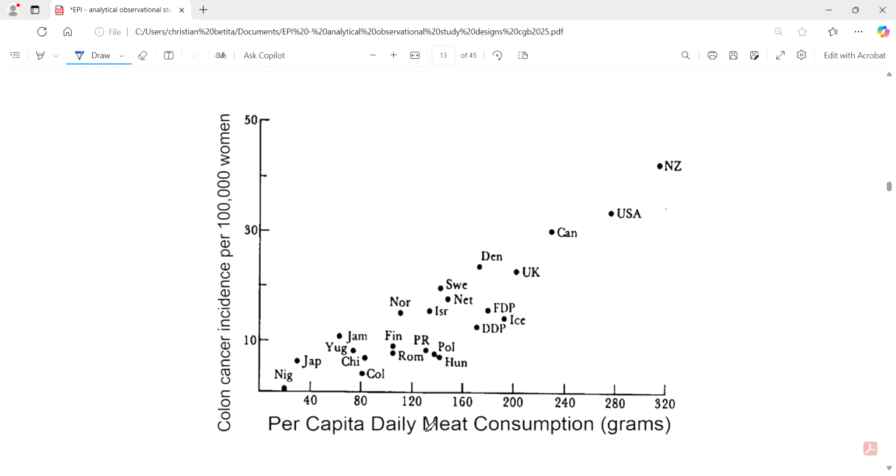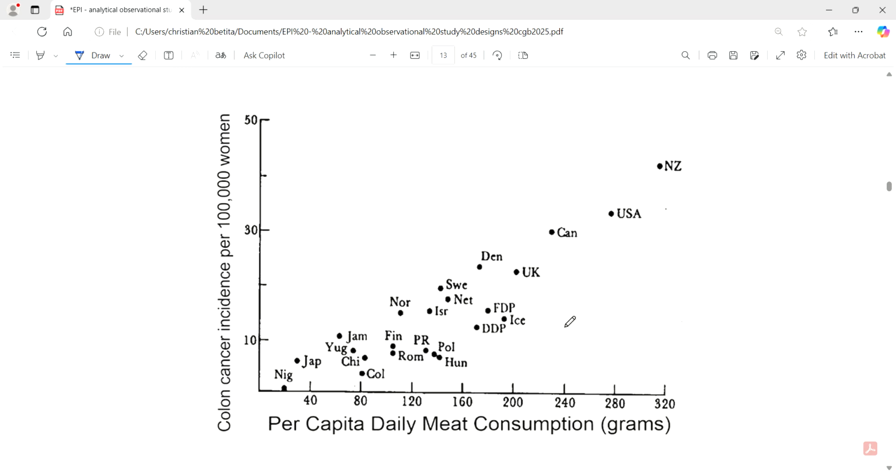Okay. So an example of your ecological study is determining the relationship of colon cancer incidence per 100,000 women versus the per capita daily meat consumption among women in different countries.